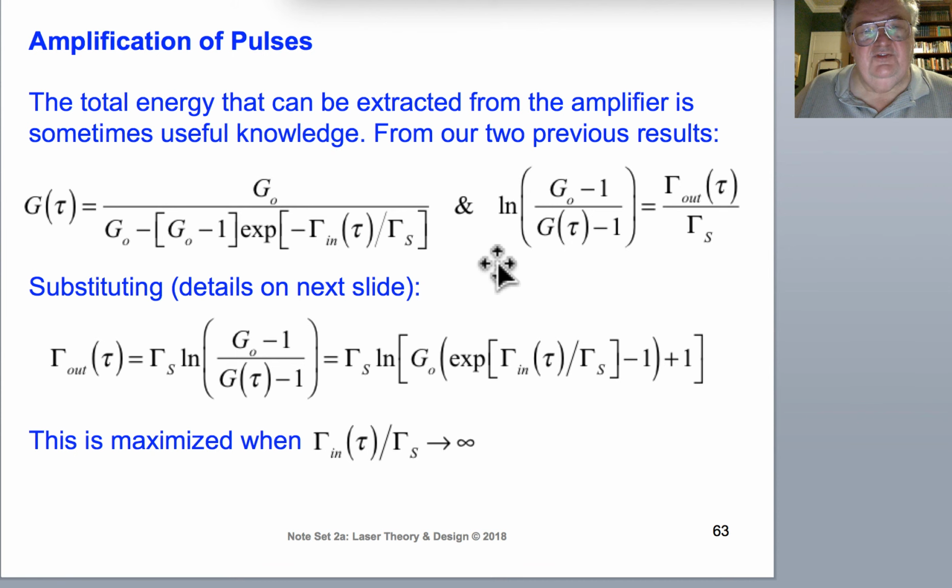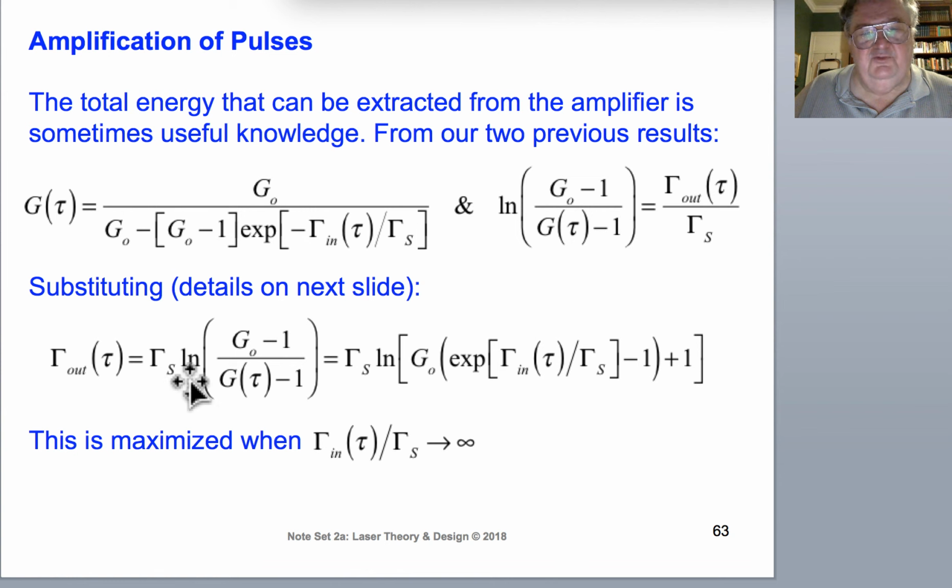Okay, what I'm going to do is solve this for gamma out, because I want to know the maximum energy that can be extracted from the amplifier. So I want to know how big can this possibly be, gamma out. So what I'm going to do is solve for gamma out.